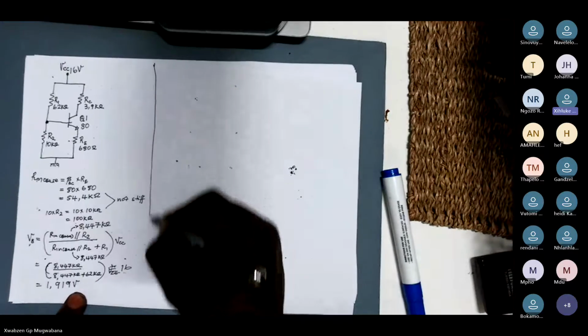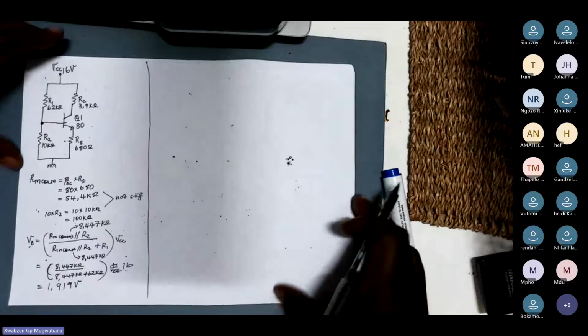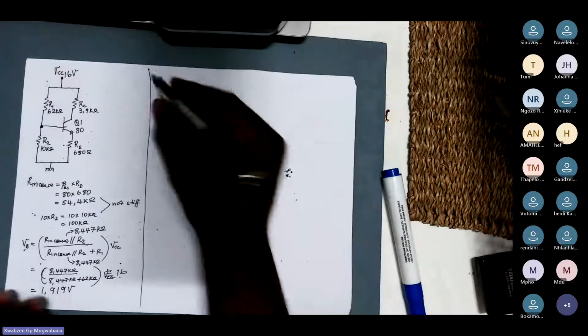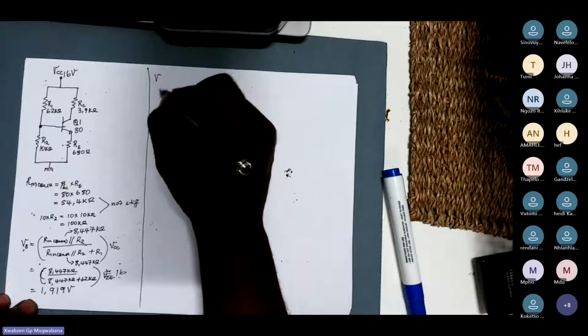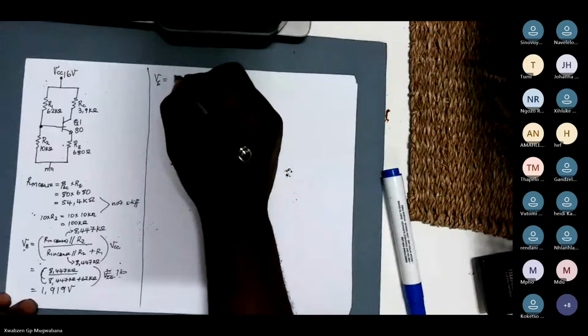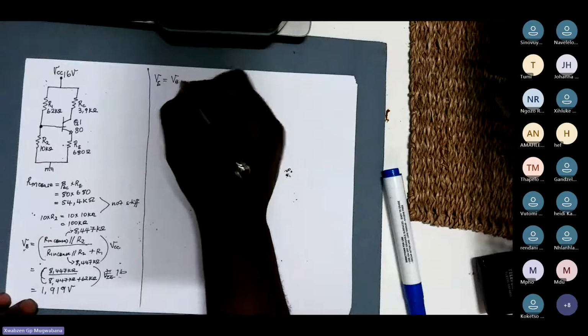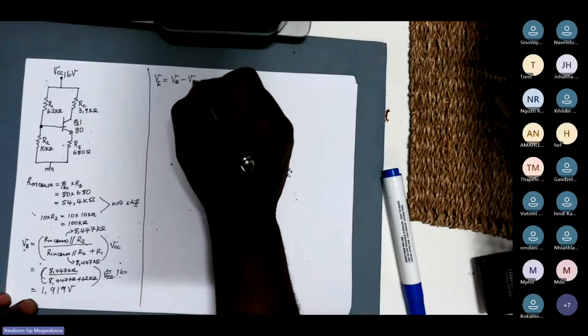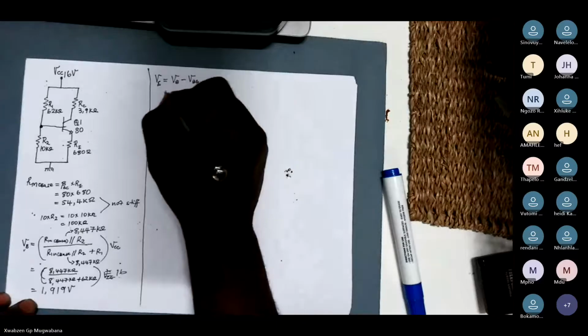We must calculate VE. When you calculate VE, VE will be given by VB minus VBE.